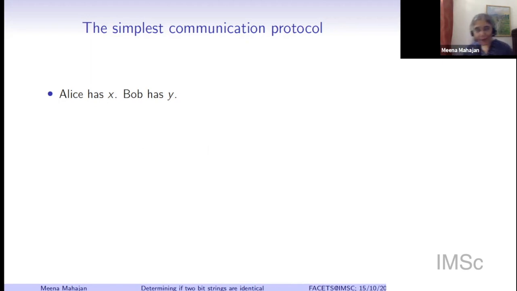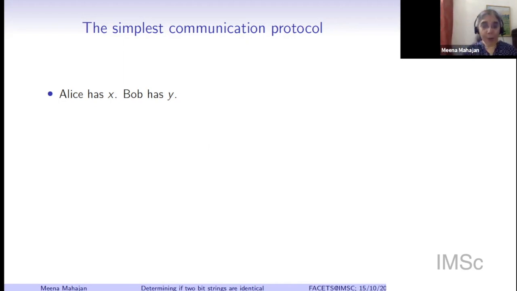Now the important thing is who says what. If it is Alice's turn to send a bit according to this protocol, then the bit she sends can depend on her input X. It can also depend on the bits which have already been transmitted until now. Maybe this is at some later stage in the protocol and Bob has sent some information.